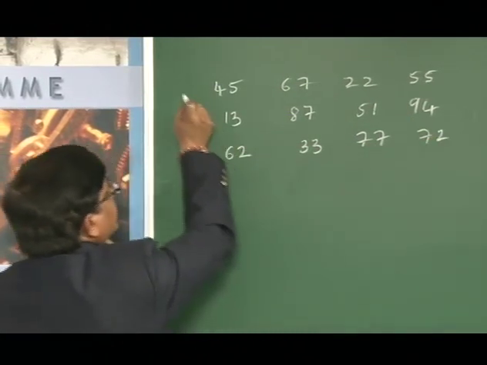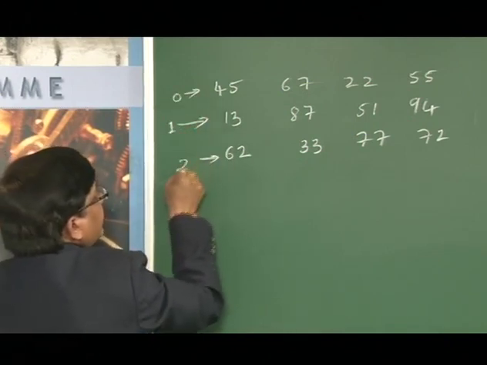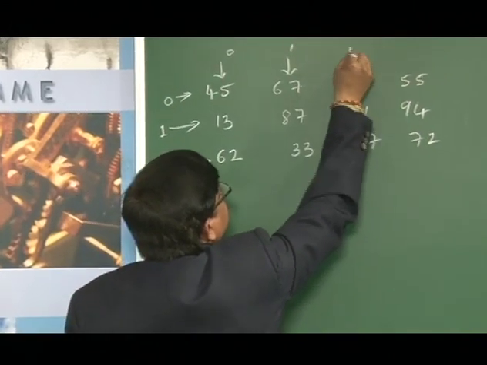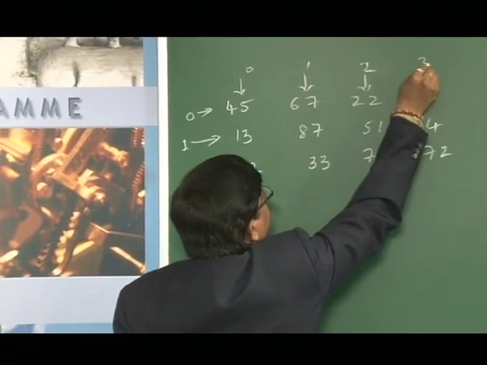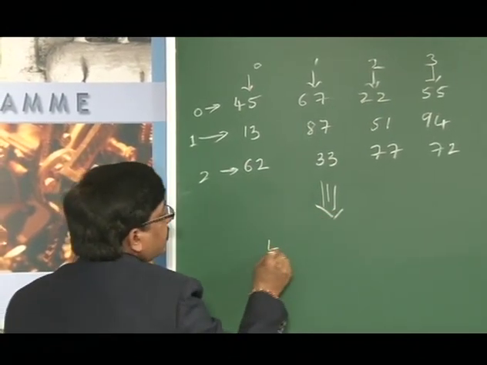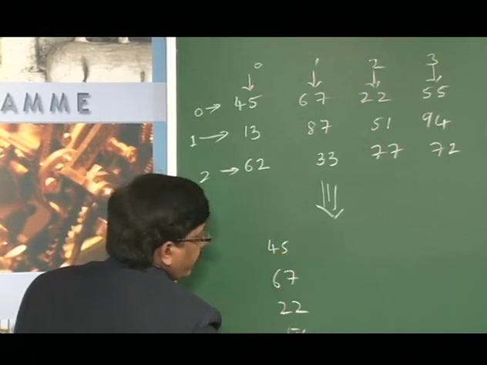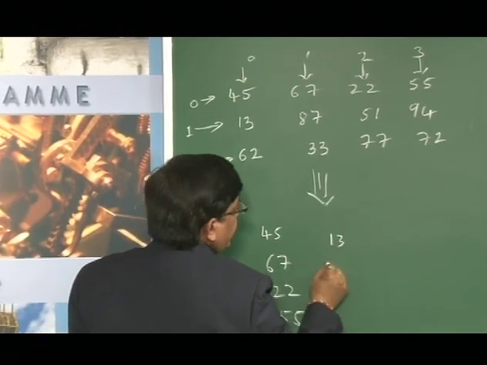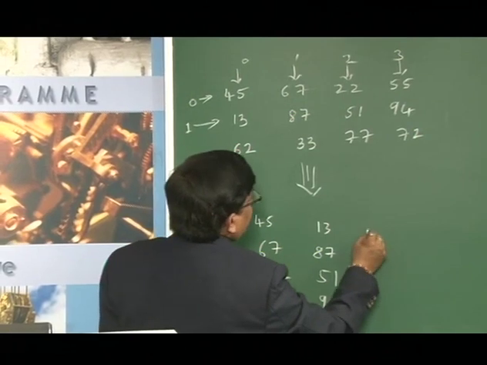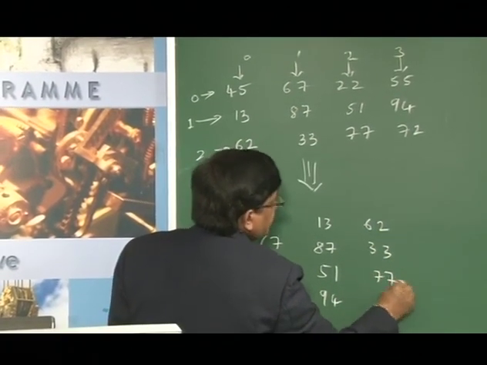This is the 0th row, this is the first row and this is the second row, and this is the 0th column, this is the first column, this is the second column, and this is the third column. When we try to get the transpose, the elements we get here are 45, 67, 22 and 55, and here 13, 87, 51, 94. And the last column we get is 62, 33, 77, 72.